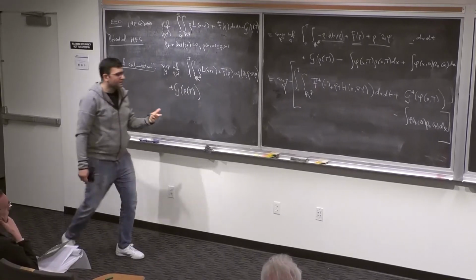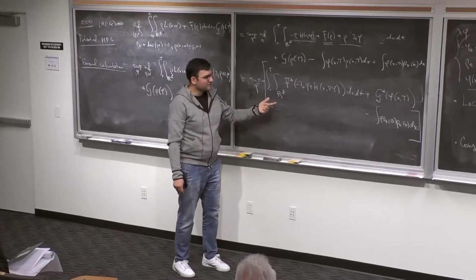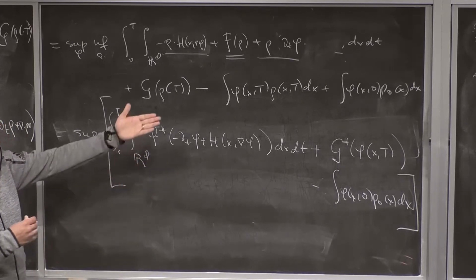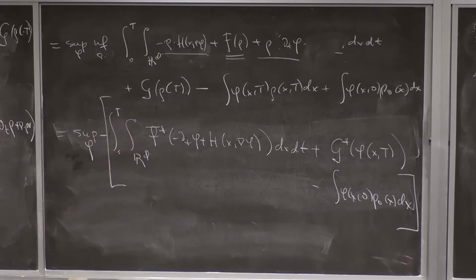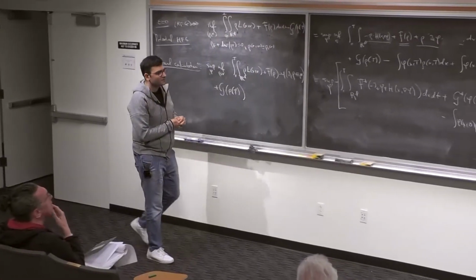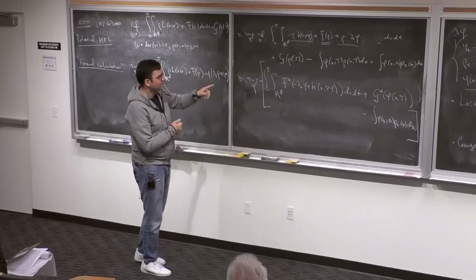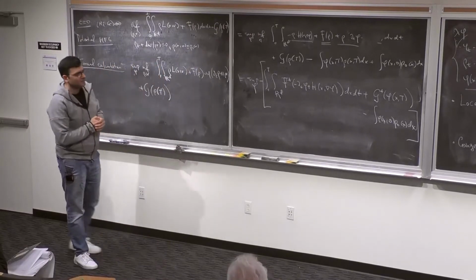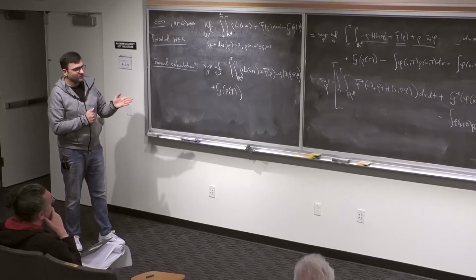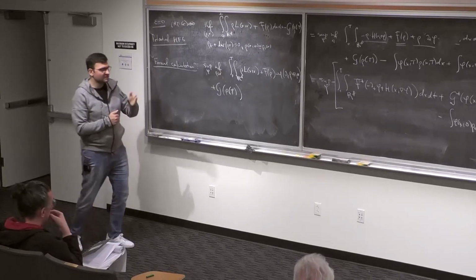So phi. The good thing about this is that we got rid of rho, right? This is an unconstrained optimization problem for phi. And if we have convexity assumptions on f and g, then we'll have that this is a convex problem.